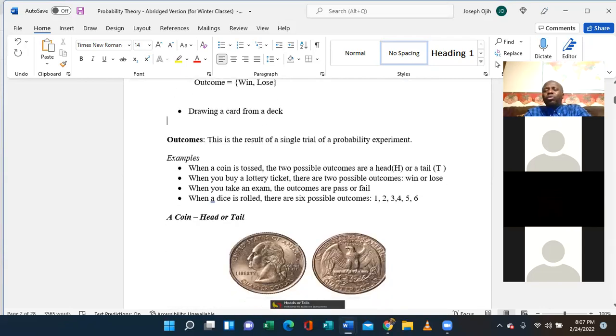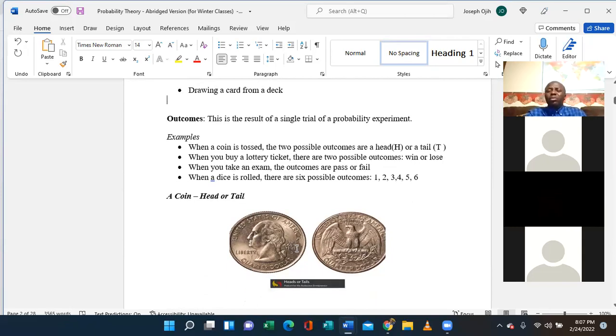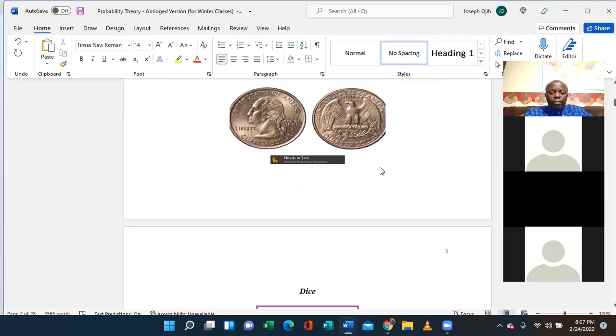So what is the meaning of outcome? Outcome simply means the result of a single trial of a probability experiment. For example, when a coin is tossed, head or tail, buying a lottery ticket, and so on. Another one is taking an exam: the outcome can be either you pass or you fail.